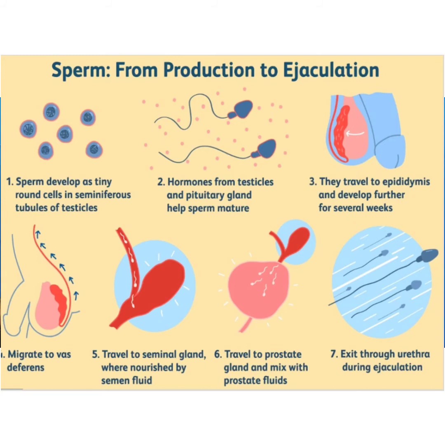The hormones from the testicles and the pituitary help the sperms to mature, and they travel from the seminiferous tubules through the vasa efferentia, through the vas deferens, by passing through the seminal glands or the ejaculatory duct, and the semen is nourished well with the seminal fluid. As it travels, the prostate also gives its fluid, and the mixed seminal fluid is ejaculated.